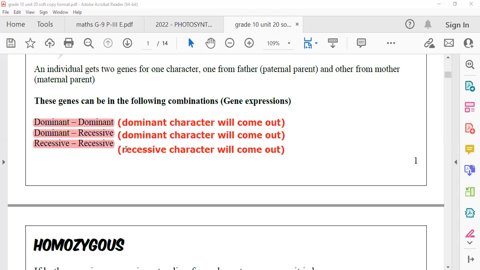Hope all of you have taken the printouts. Have you marked it?